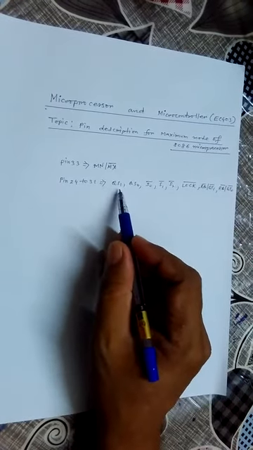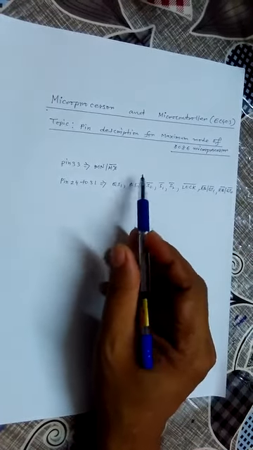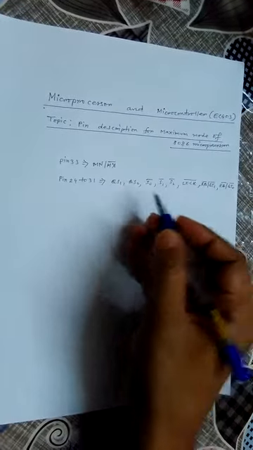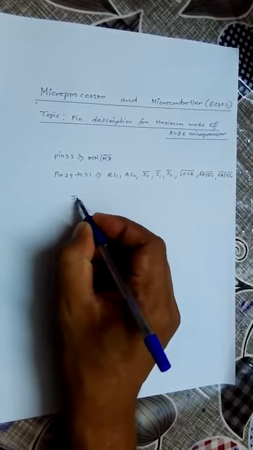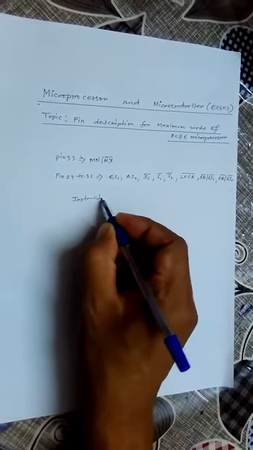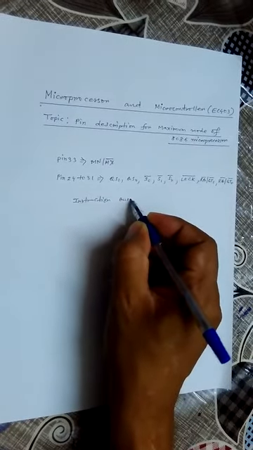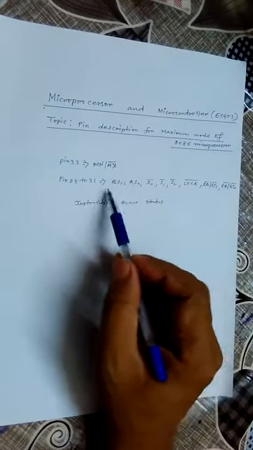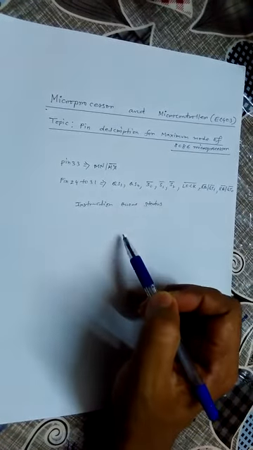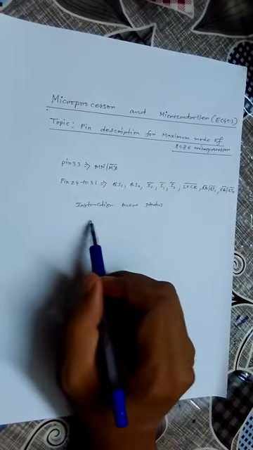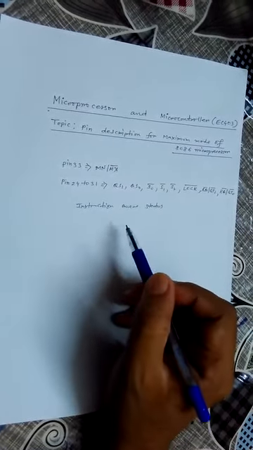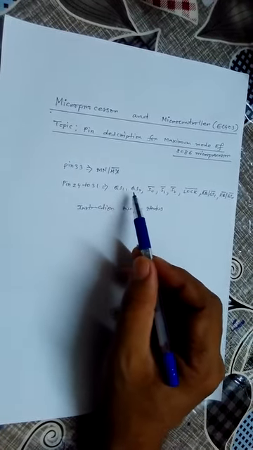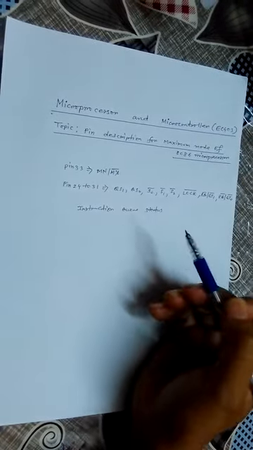Actually, QS1 and QS0 are the instruction queue status signals. Whatever operations happen in the instruction queue, accordingly QS1 and QS0 will show the status.